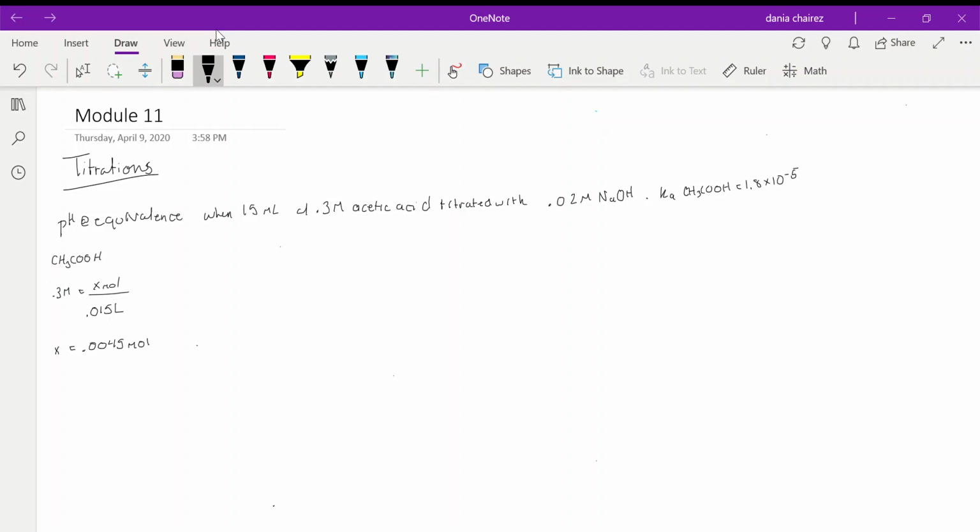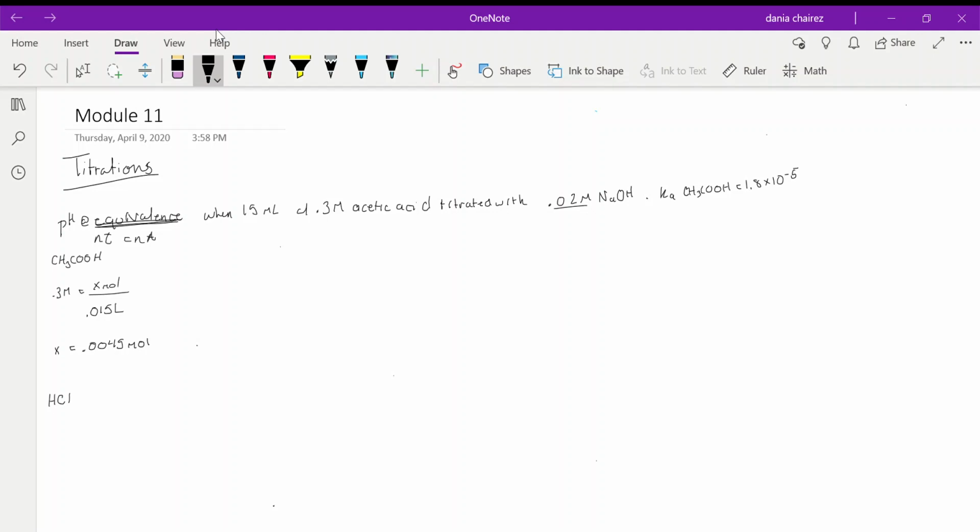So now we're going to solve for the volume of the titrant because we're given the 0.02 molar, and since it's at equivalence point, that means that your moles of titrant is equal to the moles of your analyte.